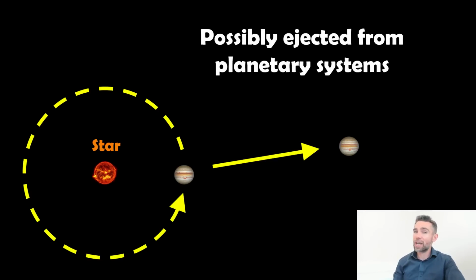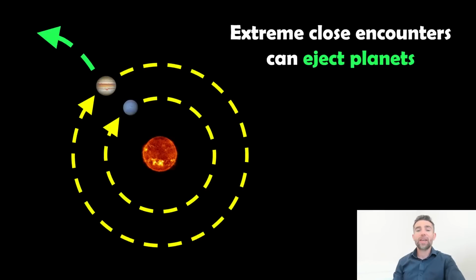Well, planets can do the same if they get too close. And if there's enough energy there, an extreme encounter between two planets will throw it out of the system completely. If it's got enough energy, enough velocity, it will be fast enough to escape the gravity of the star, and then it's on its own in space. It's then a rogue planet or a free-floating planet.